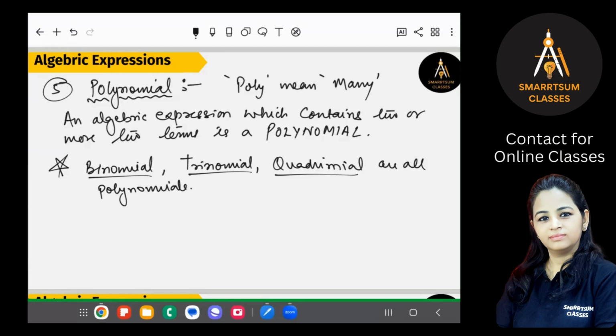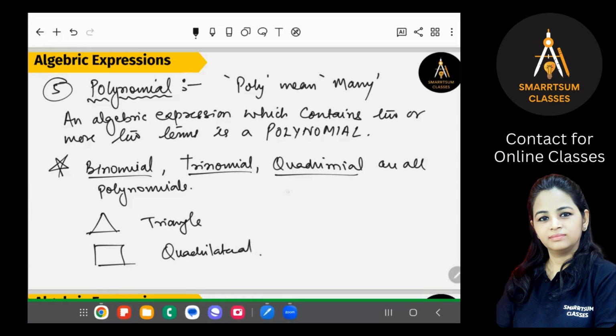Exactly in the similar way, when you have a polygon, right? A polygon having three sides is a triangle. A polygon having four sides is a quadrilateral, right?